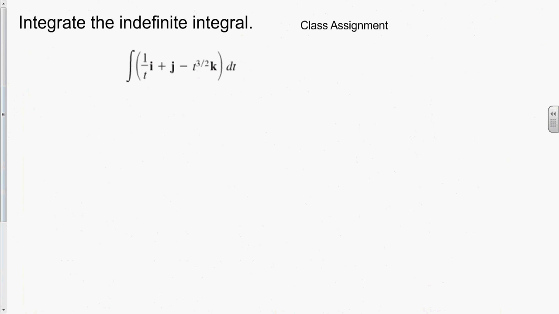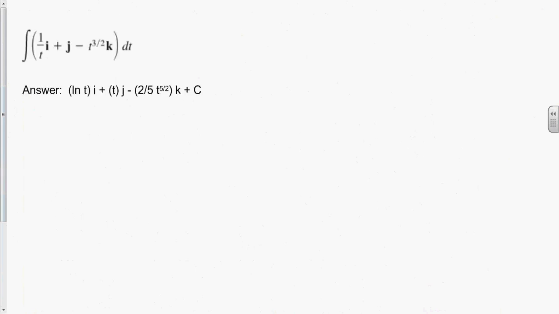Okay, let's see if you got this. So the natural log is supposed to be the absolute value of t, but for this interface, Smart Notebook doesn't have absolute value.